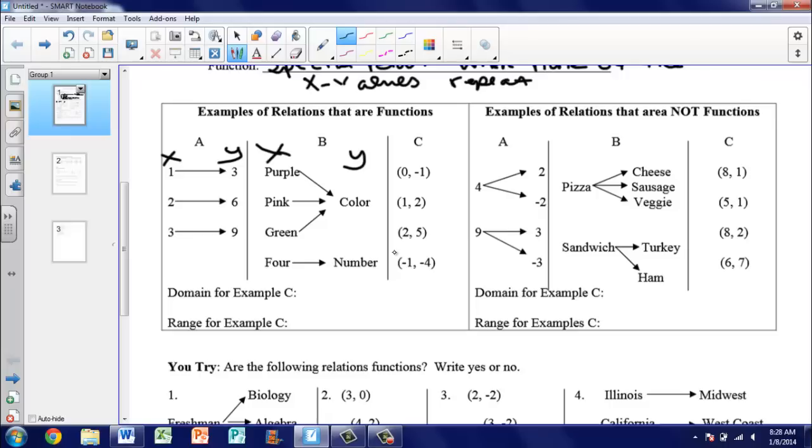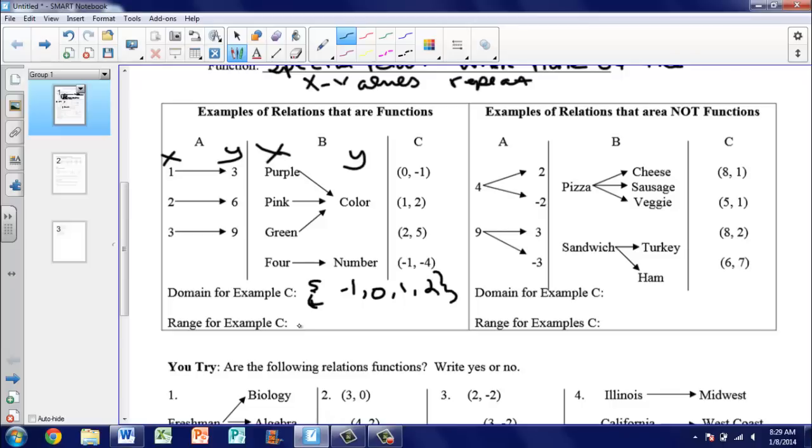Now, with example C, we can also find the domain and the range. Domain, remember, are your x values, and when we're stating the domain, we're going to write the numbers in numerical order, starting with the smallest number. We'll start with a squiggly bracket, and our smallest number is -1, then 0, 1, and 2, and then we'll close that off with another squiggly bracket.